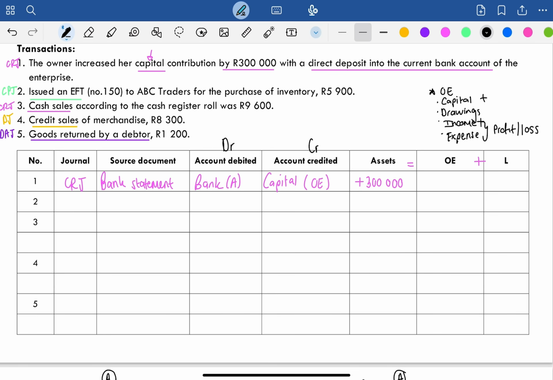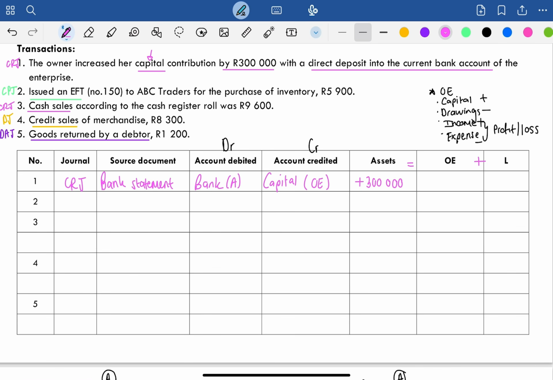And same with income. So income and capital always increase owner's equity because the owner knows that their interest in the business becomes more when they put more money in and when the business earns income. Then drawings and expenses will always decrease the owner's equity account or the owner's equity column, as that reduces the interest of the owner.